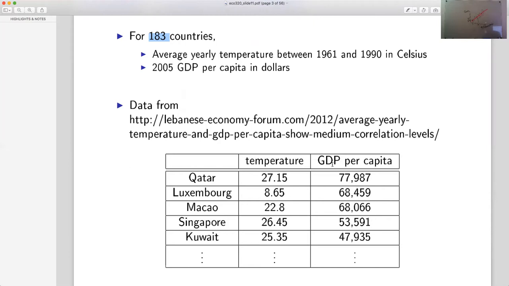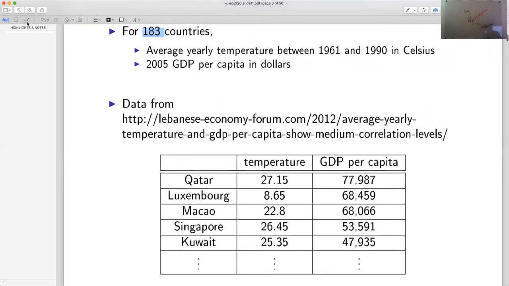For example, if you want to know the association between education and GDP per capita, you can definitely look up those two. I didn't have that one in here, but I'm just saying you can have that.